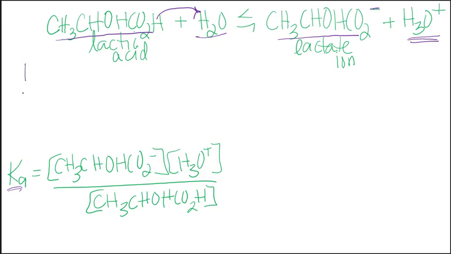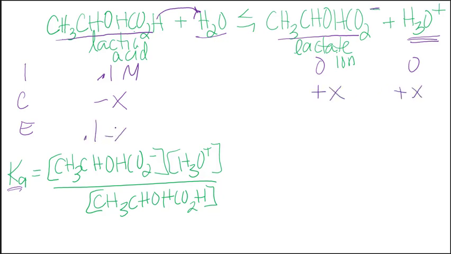Let's set up our ice table. We were told that I initially had 0.1 molar of my lactic acid. And initially I have no product formed. We know we're going to lose reactant and we're going to gain product, leaving me with 0.1 minus x over here, x and x.